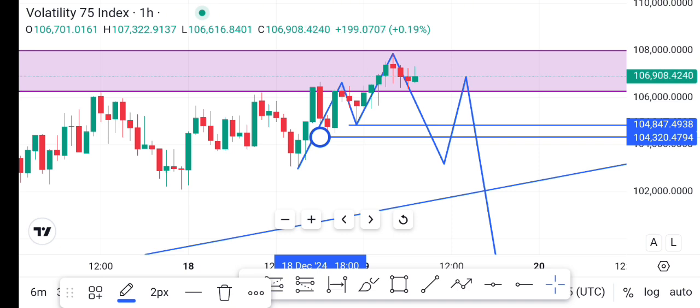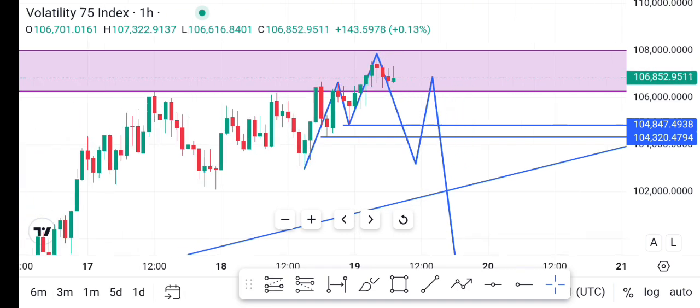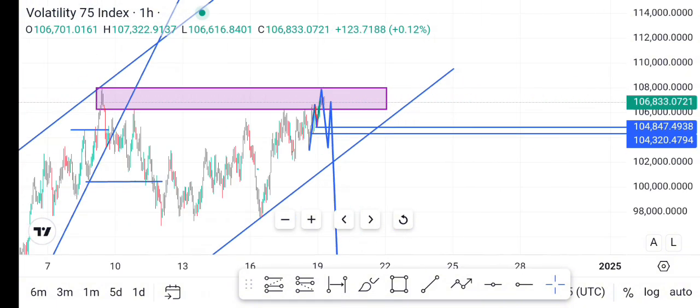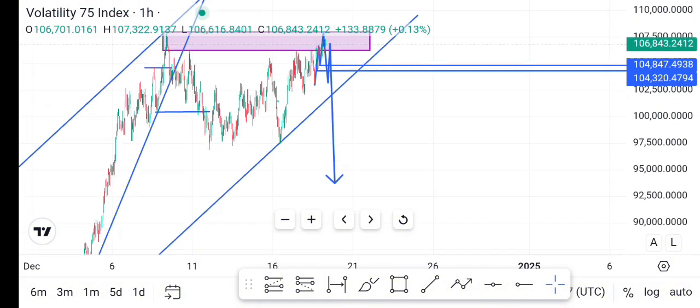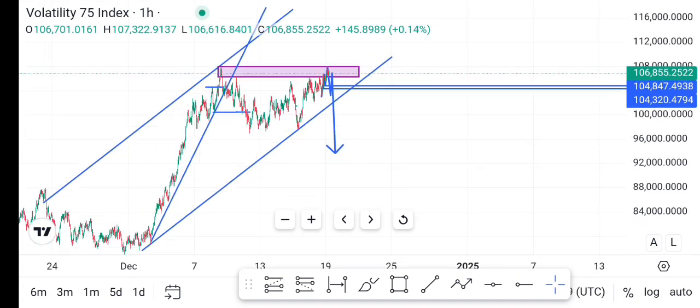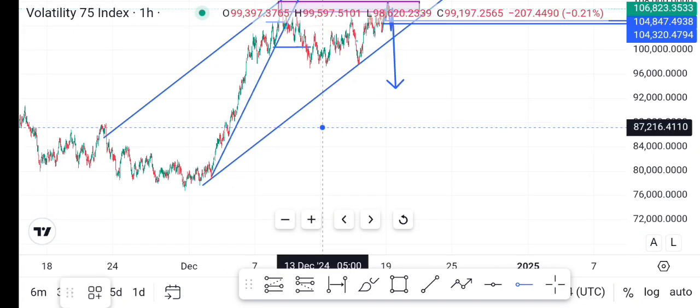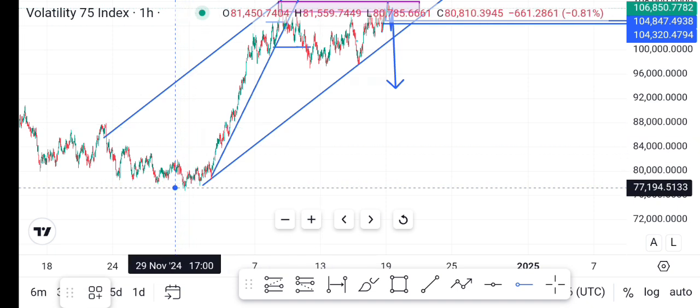Those two levels to be taken out, and that is when we will be jumping into the sale opportunities, guys. And when that happens, bro, don't leave the market. Bring it down seriously. Catch it until it comes back to this area. Do you see, up to this low here?